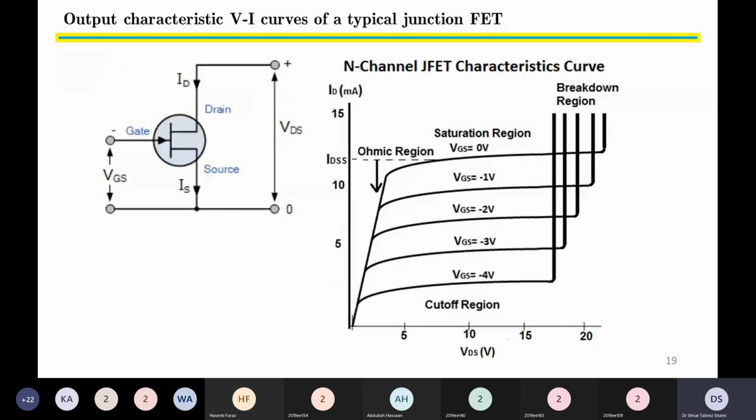This graph has certain regions. For example, here we have the cutoff region, then we have the breakdown region, and then we have the saturation region, and then this represents the ohmic region, because the characteristics follow a straight linear line.